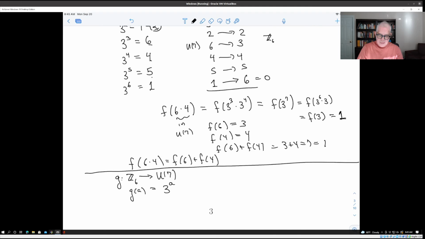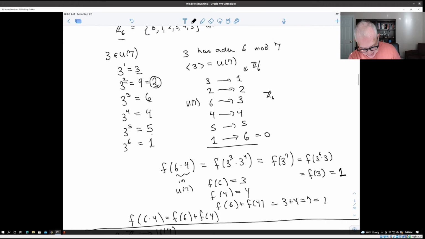Now, the only thing we have to be a little bit careful of here is that this makes sense, because a here is in Z6, and if you add 6 to a, then in Z6 you get the same answer back. Right? g of a plus 6 had better equal g of a, because a plus 6 and a are the same in Z mod 6.